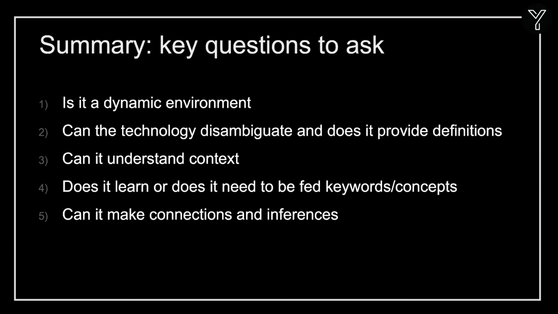Another key aspect is whether the technology is capable of learning new concepts or new representations automatically, or whether it needs to be fed by human or manual intervention. And at the end, is the technology really capable of creating the connections and extracting the inferences from these connections?